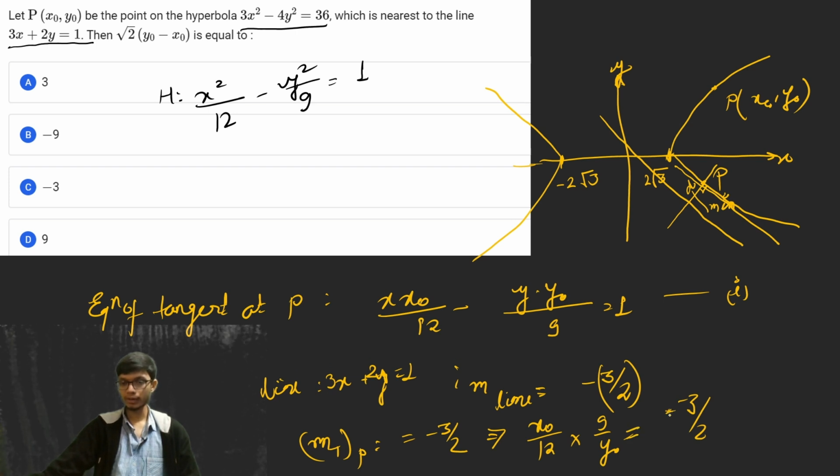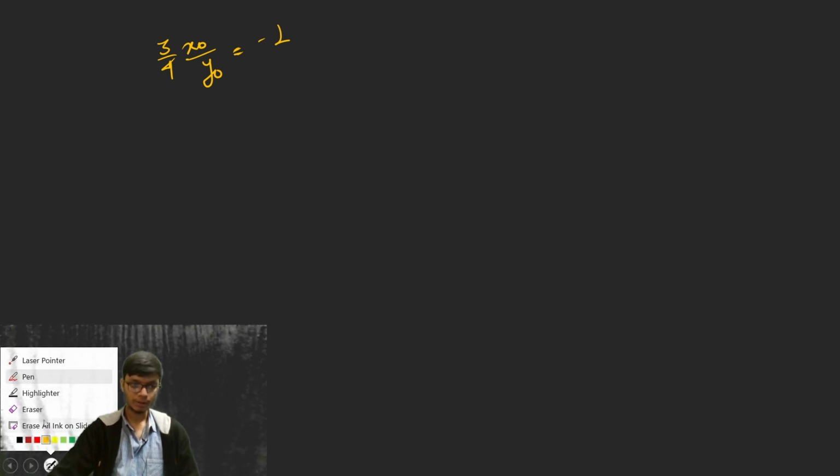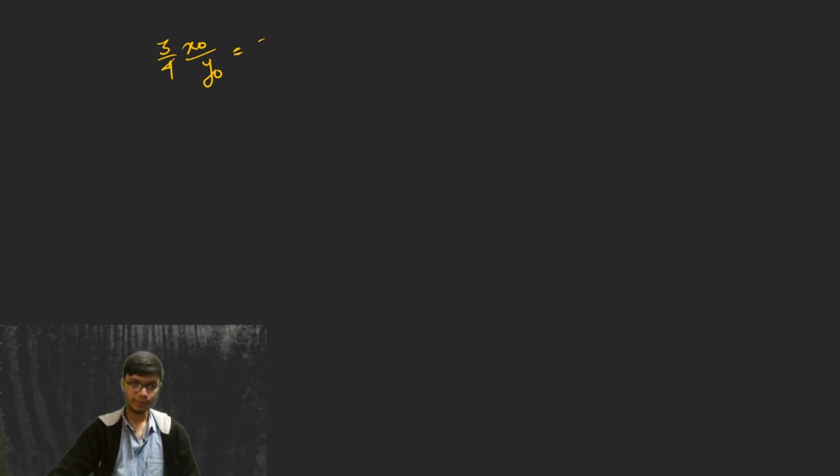So from here the result will be 3 by 4 times x naught by y naught is equal to minus 3 by 2. If we cancel out, 3 and 3 get cancelled, and x naught by y naught is equal to minus 2.